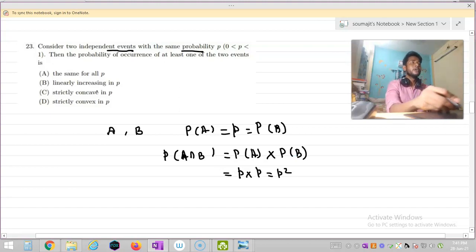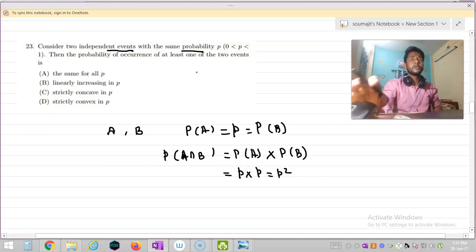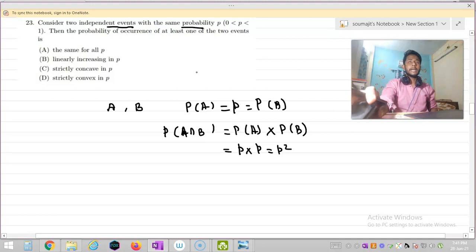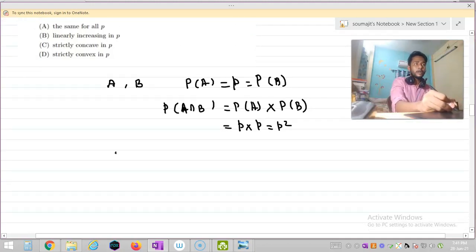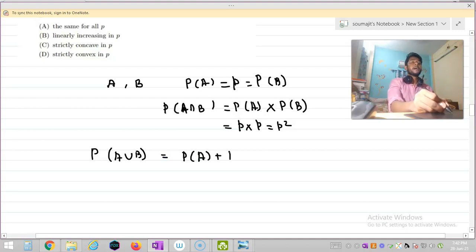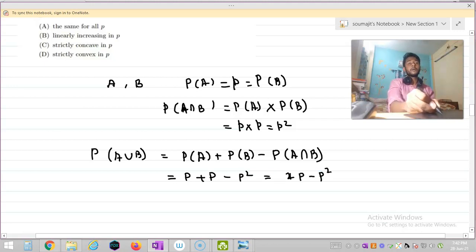Now we have to find the probability of occurrence of at least one of the two events. At least one of the two events is represented by A union B, so we have to find the probability of A union B. You know that this is probability of A plus probability of B minus probability of A intersection B. Now probability of A is equal to p, probability of B is again equal to p, minus p square, so this is 2p minus p square, which represents a parabola, so it is strictly concave in p.